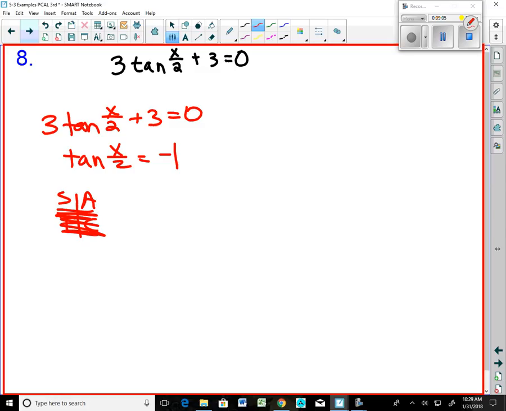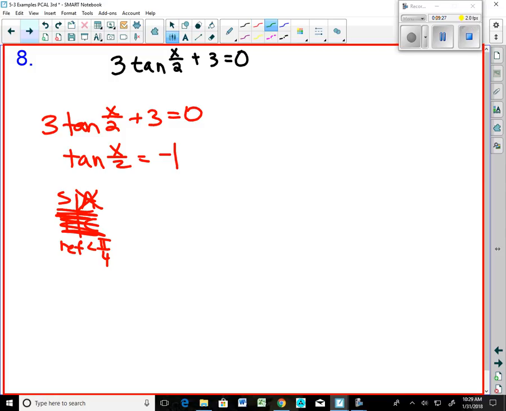And tangent is +1 at what? Pi over 4. It's where sine and cosine are both the same. So our reference angle is pi over 4. Oh, and I forgot. Since it's negative, we're not using that first quadrant, we're using the second quadrant.